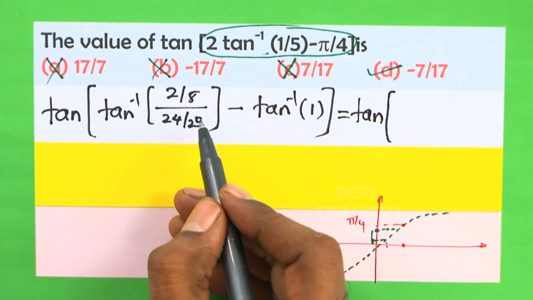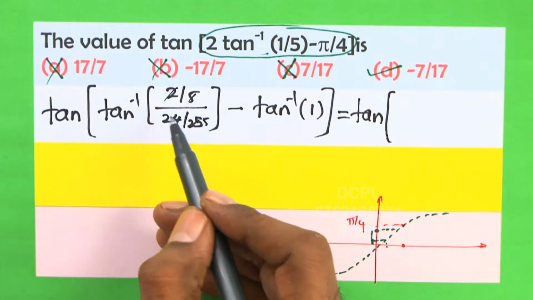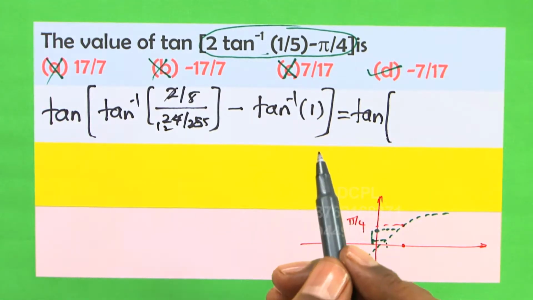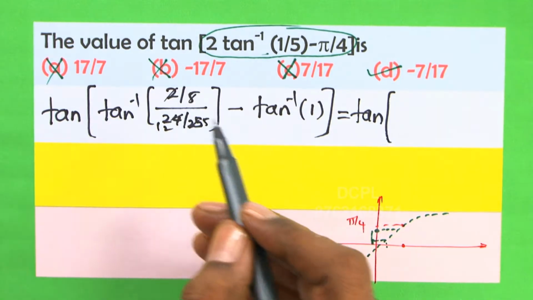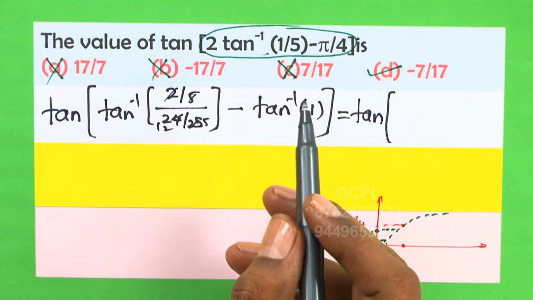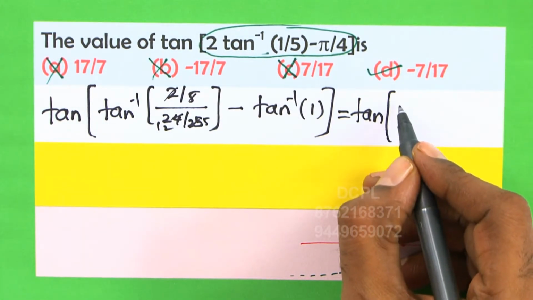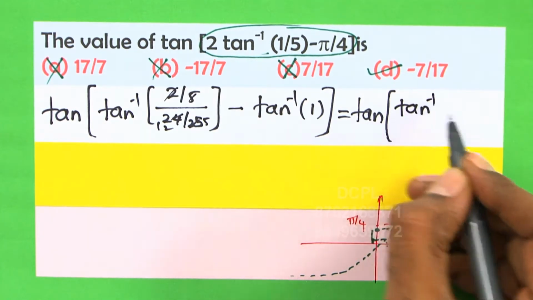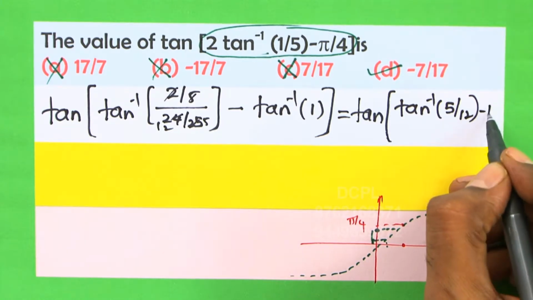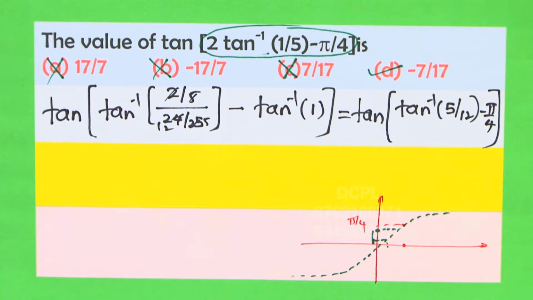Tan inverse of 5 cancels, right? So now what happens? So 2 12s are correct. Do you agree with me? This is 12. So this 2 goes to numerator, that is 10 by 24, or you can write it as 5 by 12, right? Tan inverse of 5 by 12 minus, see there is no space, that's why I am writing pi by 4, otherwise I would have written tan inverse of 1.